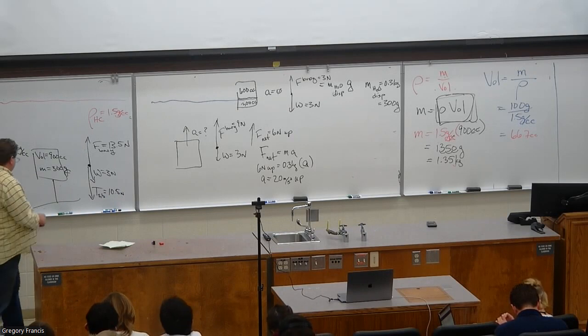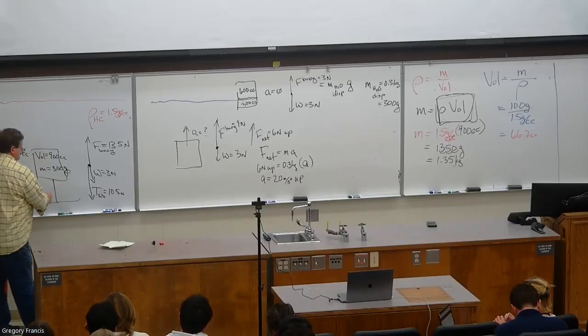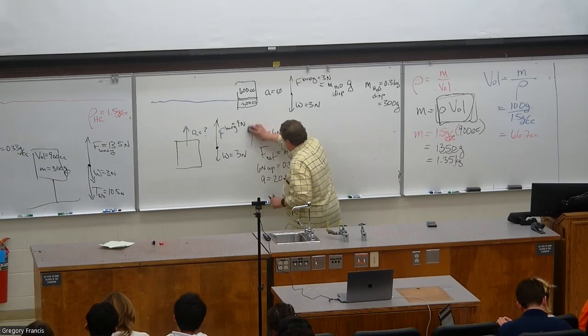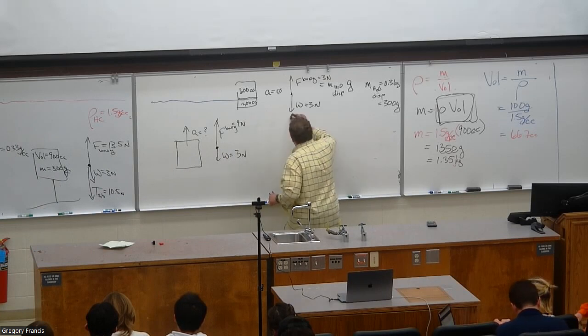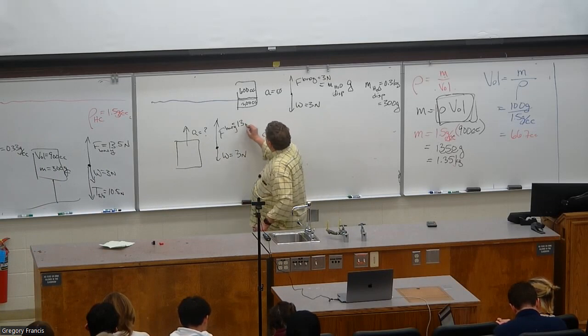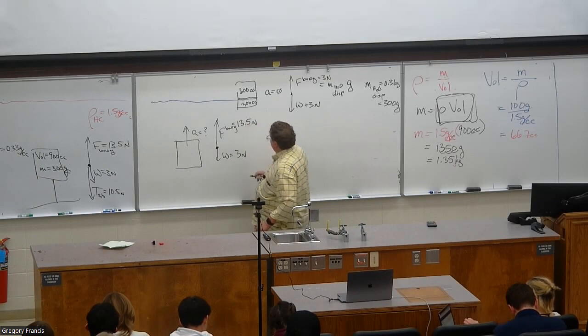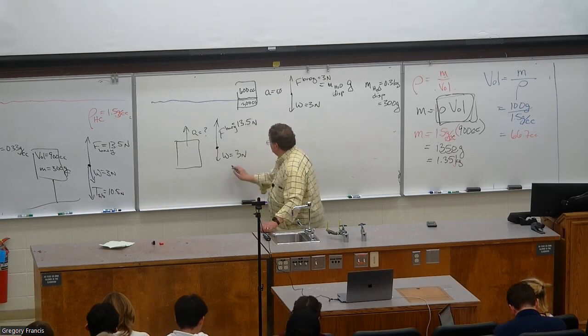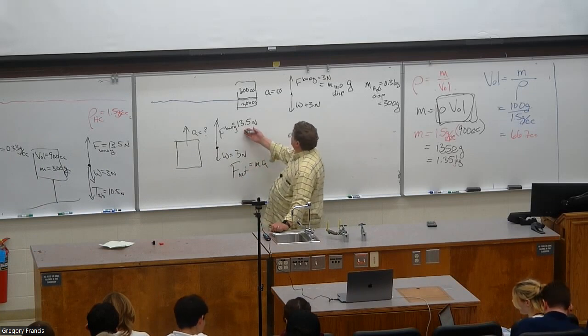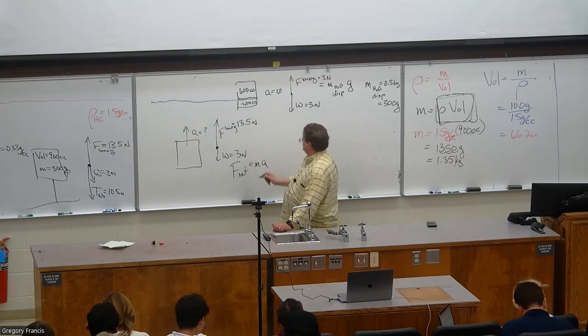So now, if I cut this string, my buoyant force isn't 9 anymore. It's 13.5 newtons. And that gives me, if I do F net equals MA, this is going to be 13.5 up, 3 down.